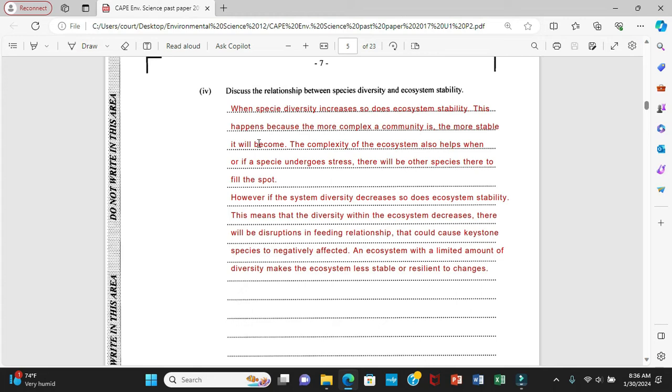Now, if there is one plant in the ecosystem and that plant dies because of a disease, then all the other organisms will die because, say for example, you have goats eating the grass and that one grass dies off. Then the goats won't have any more grass to eat or any other plant to eat to get energy and food.